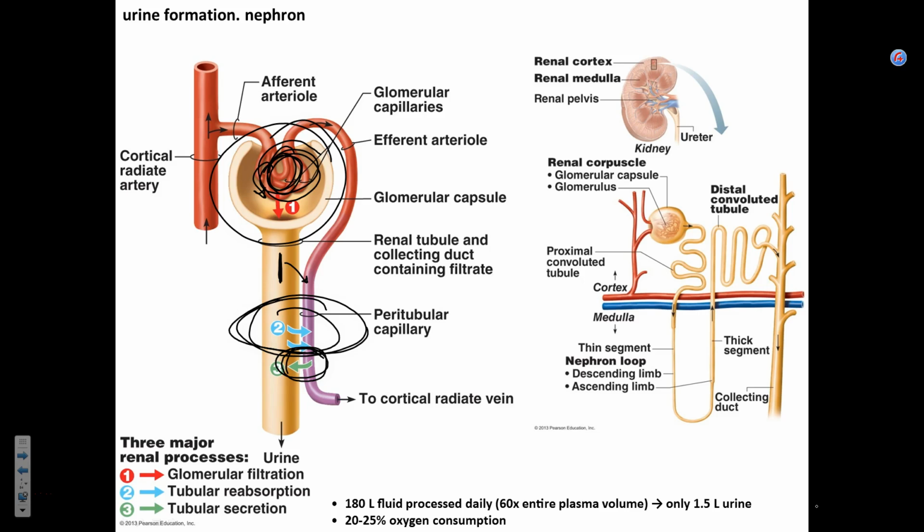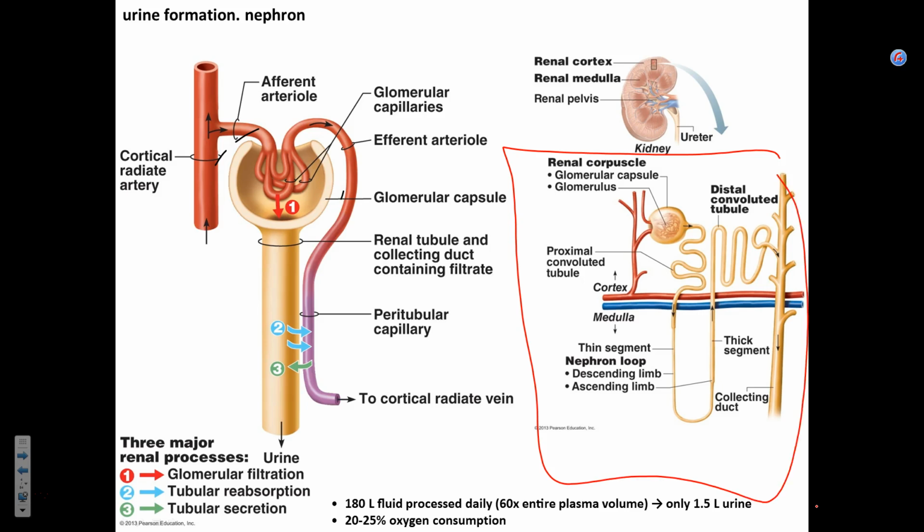Now, structurally, where does it happen? The elementary unit of a kidney, the working unit, is a nephron. We have about 1 million nephrons in the kidney. Nephron is shown on the right.